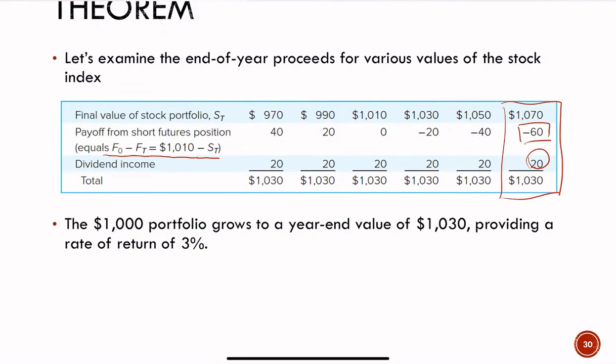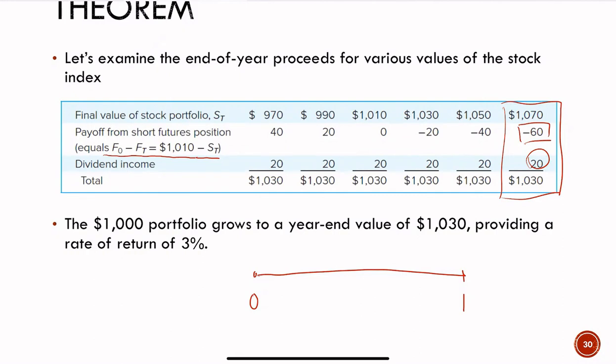So this basically means that in the end, no matter what happens, you will have a constant payoff of $1,030. So what is your payoff? Let's say you have this timeline, this is the beginning of the year, and 1 refers to the end of the year.